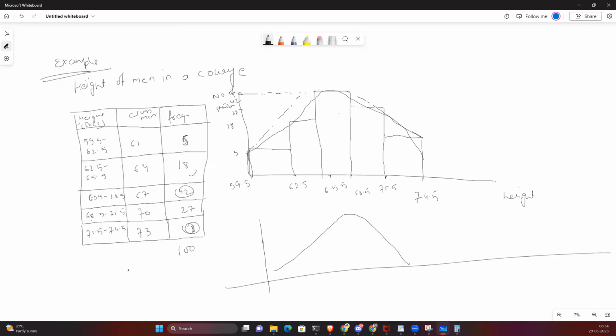Means we got n is equal to 100. No doubt. Now, if I want to calculate the mean, mean means x bar.